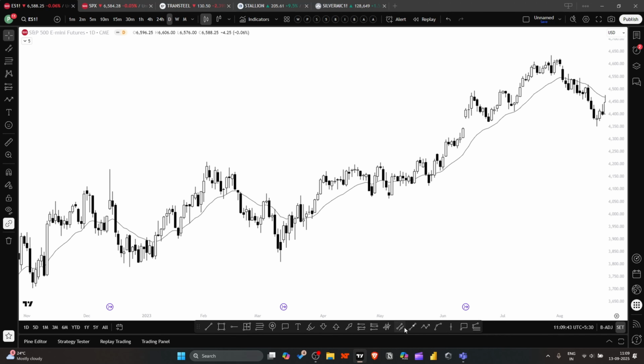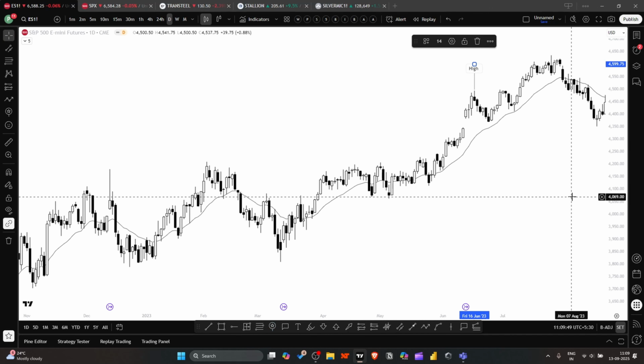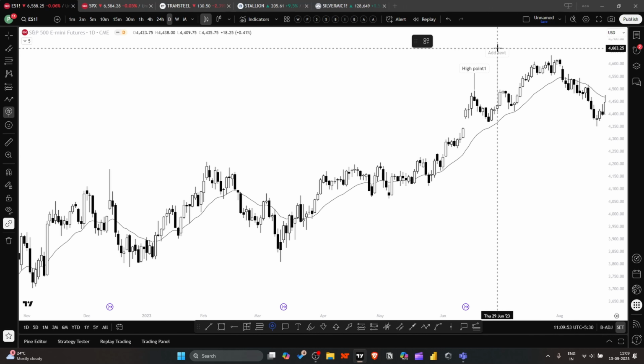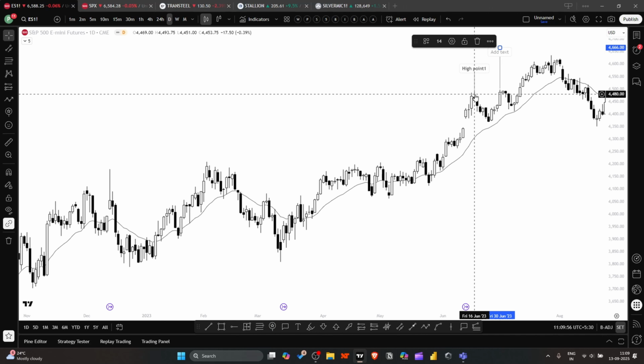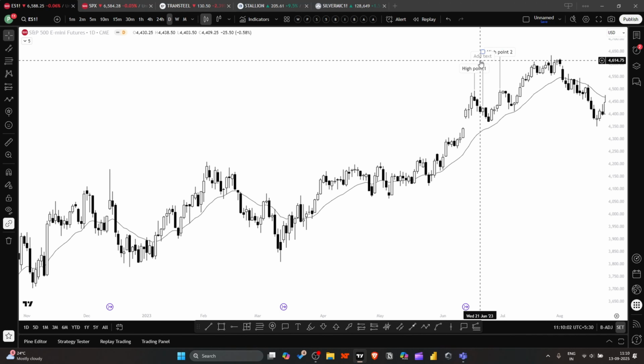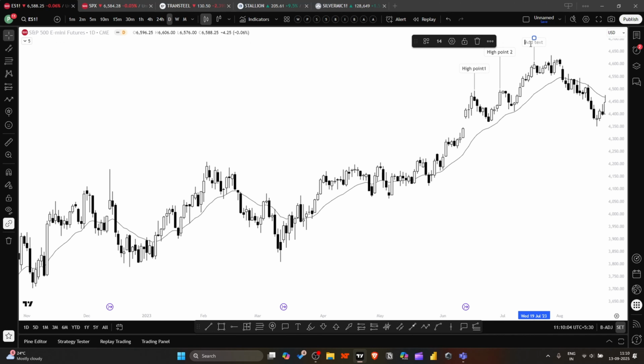So if I have to call this high point one, which was the next high point which went beyond this point, this is the second high point. High point two. This is high point three.